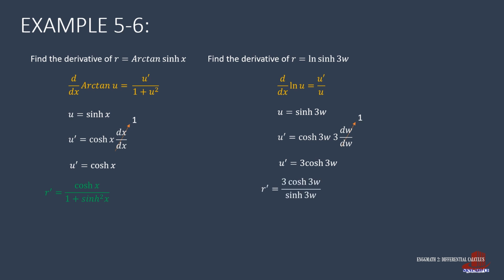R prime is the ratio of 3 times the hyperbolic cosine of 3w with hyperbolic sine of 3w. Now, with the basic trigonometric identity that cosine all over sine is cotangent, r prime can be shortened as 3 times the hyperbolic cotangent of 3w.